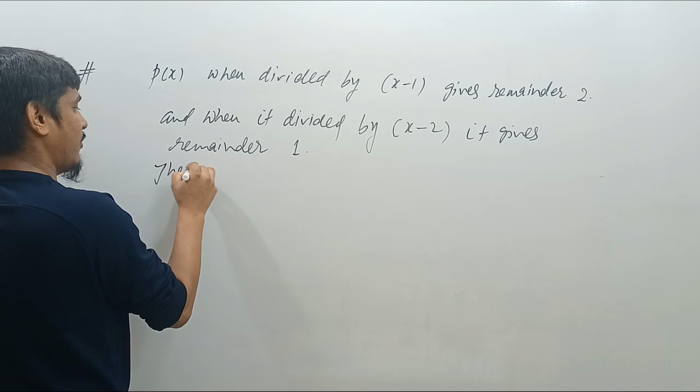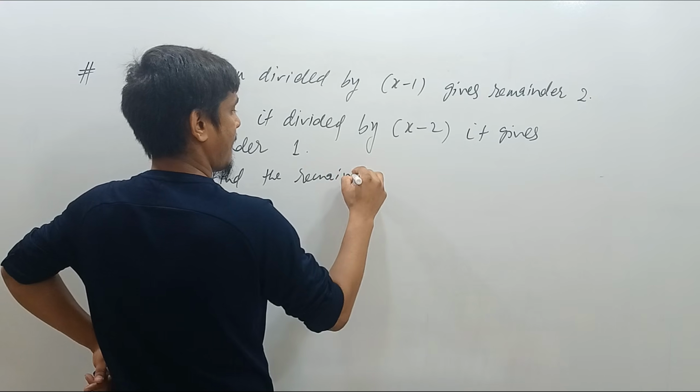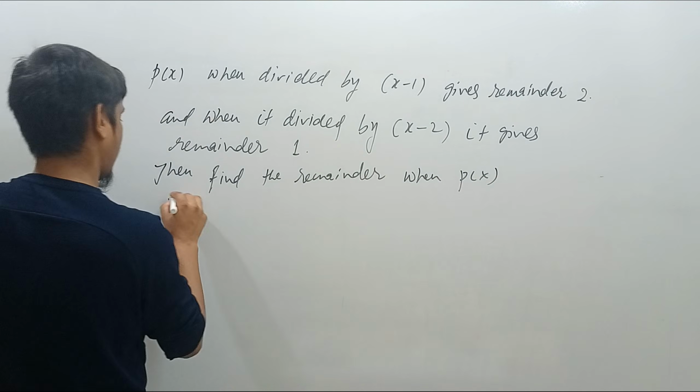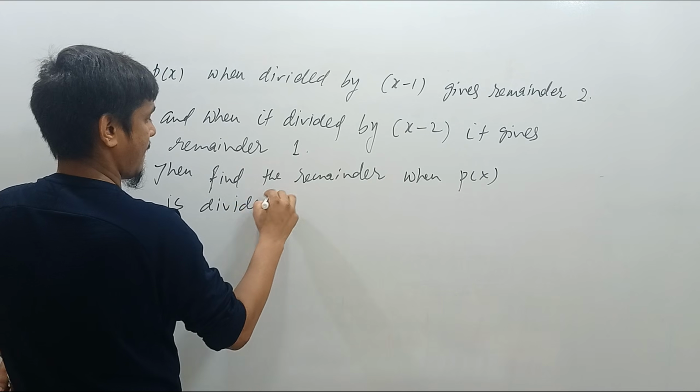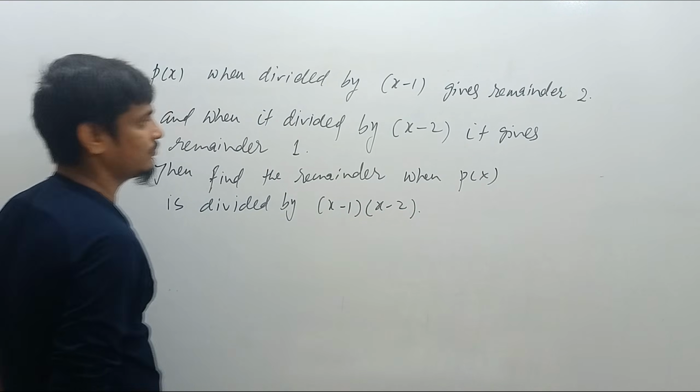Then find the remainder when p(x) is divided by x minus 1 times x minus 2.